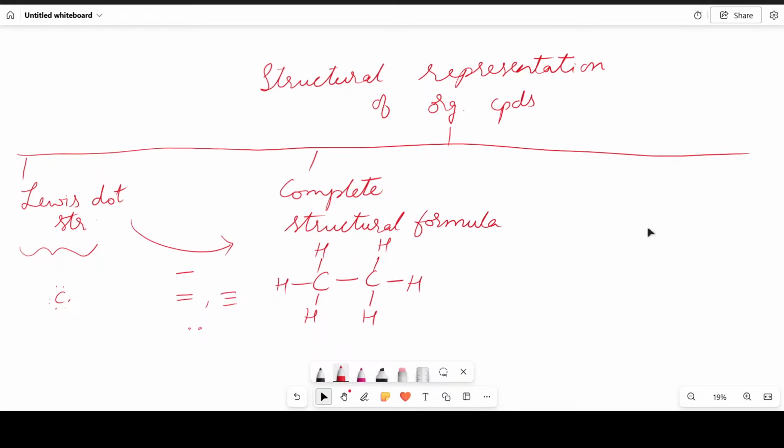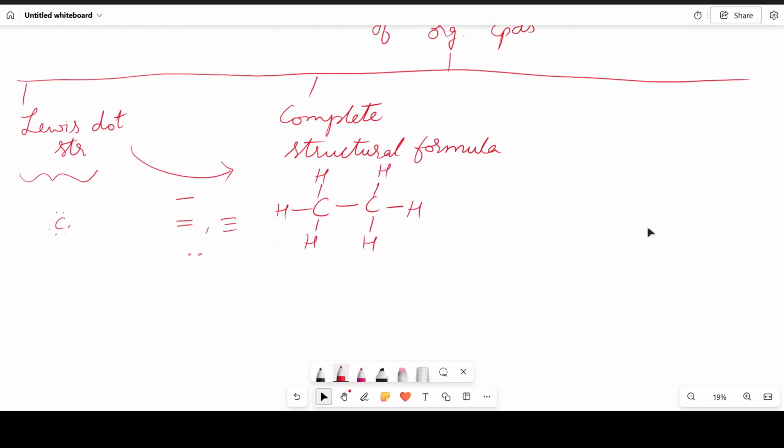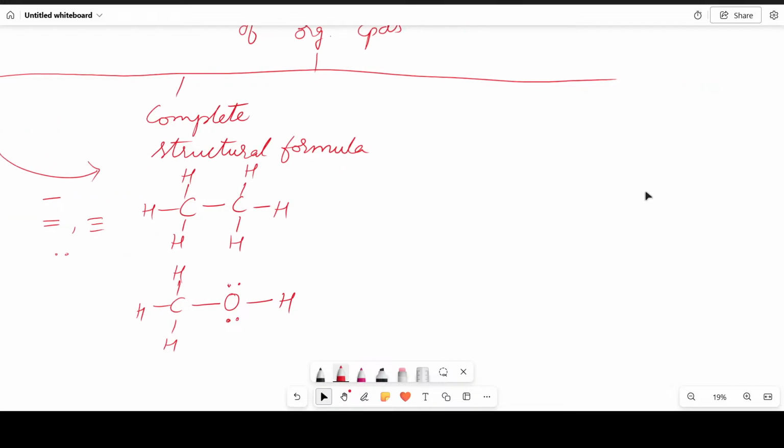Suppose there is a heteroatom in the molecule, then I will show the heteroatom and the bond. This is alcohol. Along with that, I may or may not show the lone pairs. So this is the complete structural formula.